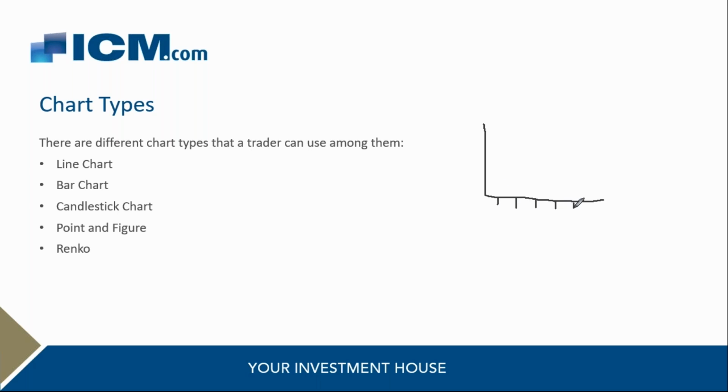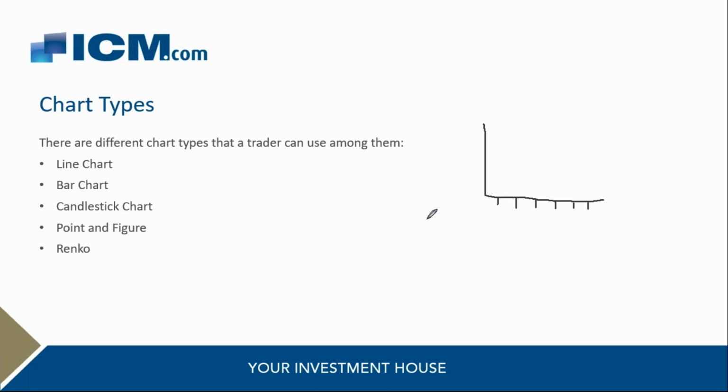The x-axis will show time and the y-axis will show the price. So here we have coordinates for a certain point, and the x coordinates are based on time. You can choose different time frames: 1 minute, 5 minutes, 15 minutes, 30 minutes, 1 hour.